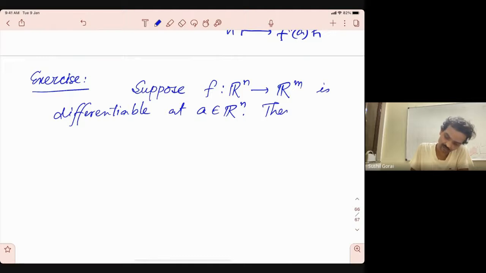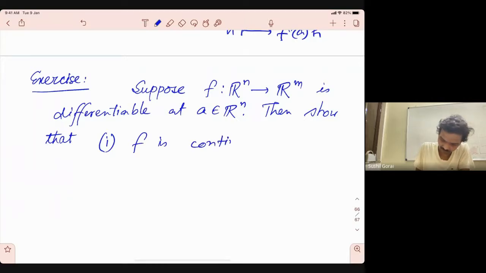Then show the following. First, f is continuous at a.